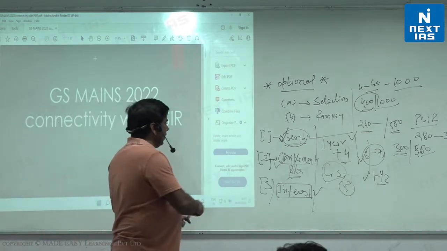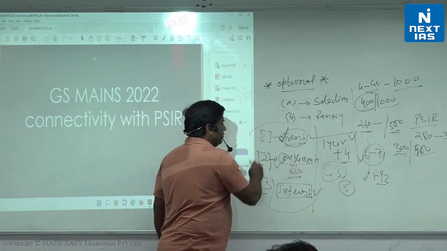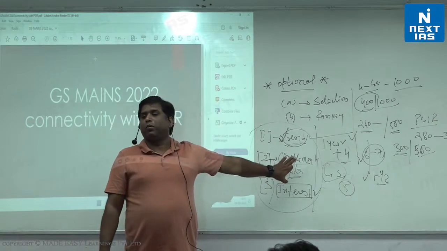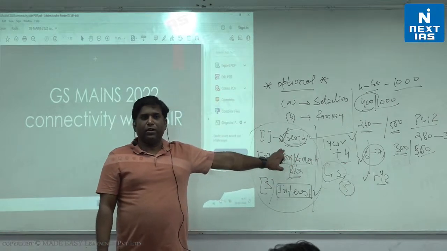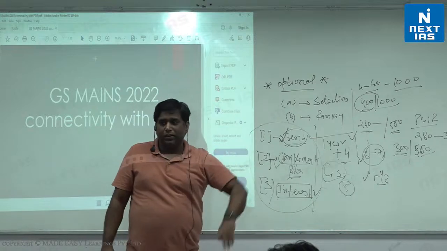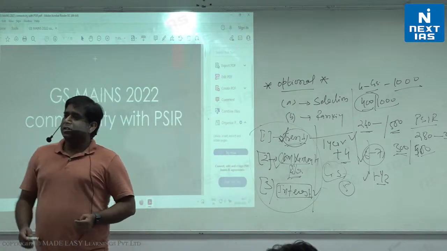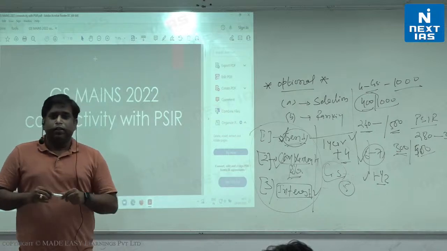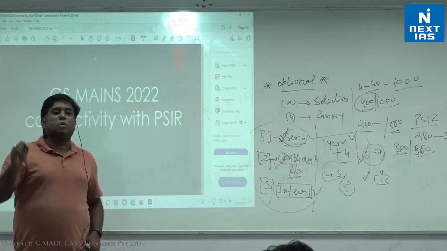If you find that this convergence is there with any of the optionals, then definitely you should look positively towards that optional. Okay, that is my optional and I'm going to get qualified with this. Normally in the field of UPSC, what we see about optional is that it is a one-time choice.